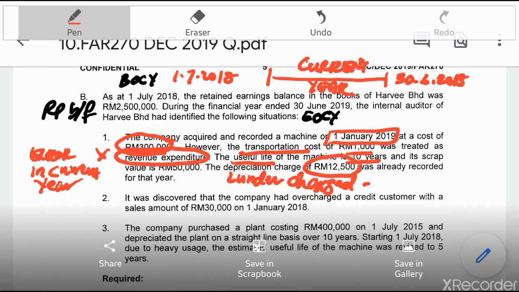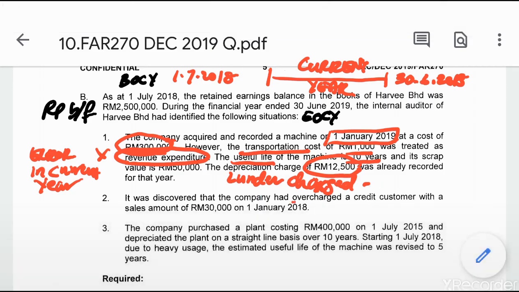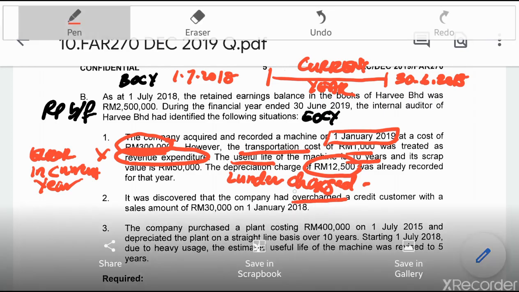It was discovered that the company had overcharged a credit customer with sales of 30,000. So you have overcharged your customer. Maybe the bill should be less by 30,000, but you have already issued an invoice asking for payment extra by 30,000. So this is another error.